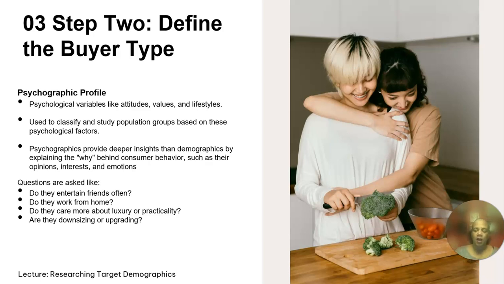So you're looking at all of those things, and again, determining what type of space this demographic or this potential buyer wants to be in. So you're classifying and studying the population based on these factors.